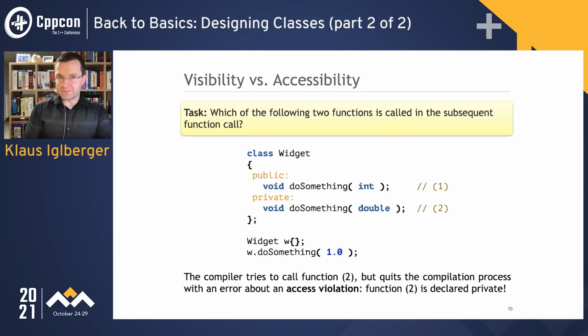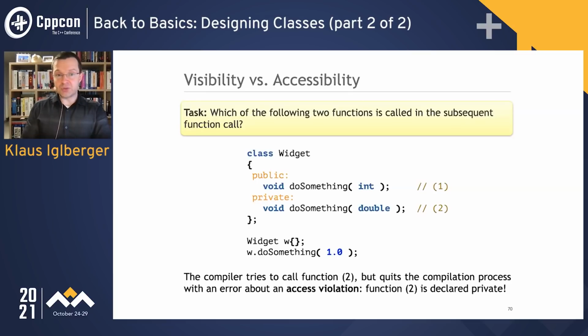Yes, it's private, but private is not a visibility label. It's an access label. So the compiler actually first takes a look at the entire class and finds two functions called doSomething. Then these two functions are passed over to the overload resolution.